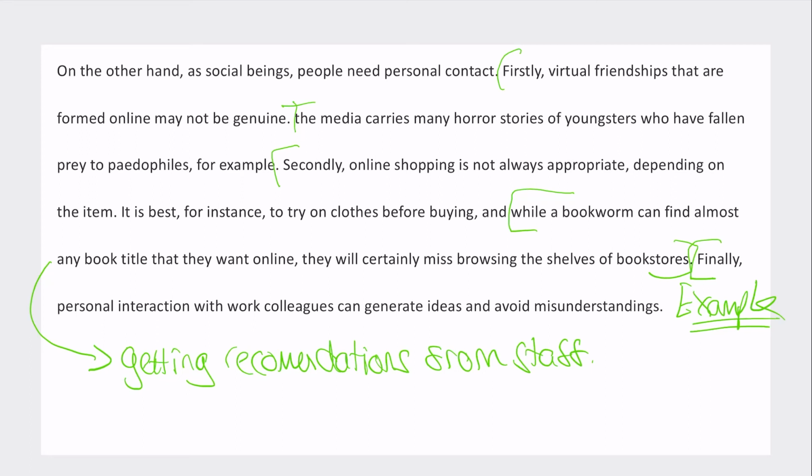So, for example, these virtual friendships may not be genuine, and they talk about the children falling victim to pedophiles. And so then explain that, by having more face-to-face contact or training, kids can be taught to see the danger signs and to understand more about online safety or things like that. So I'd like to see this candidate explain all of their examples in more detail.